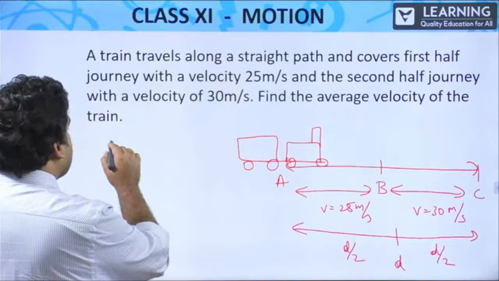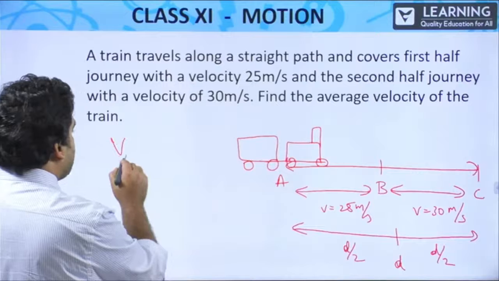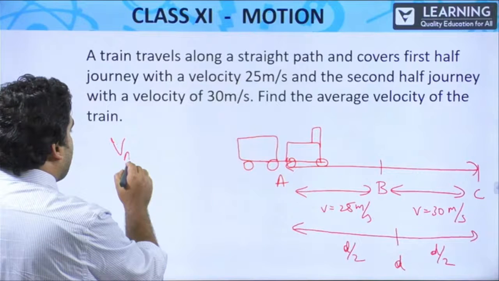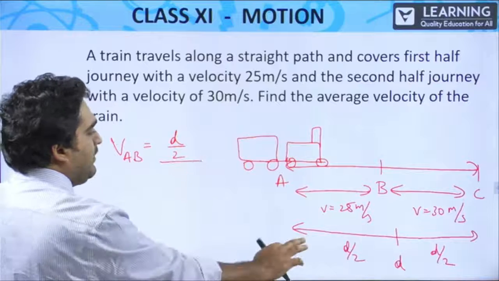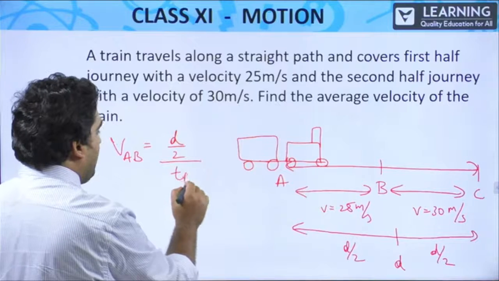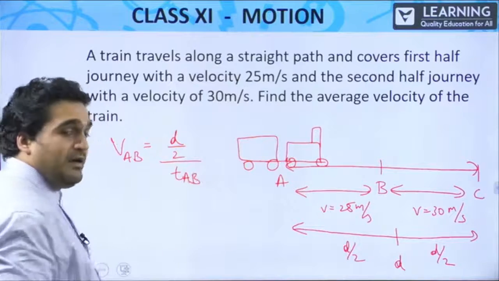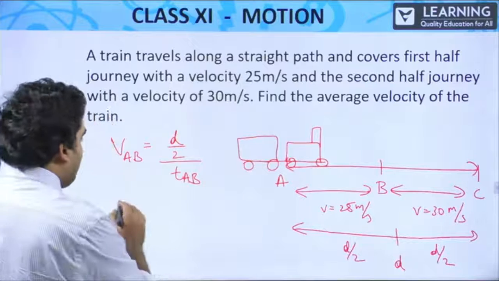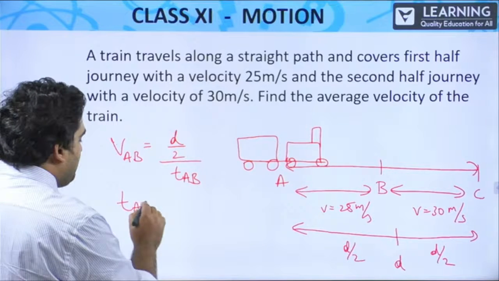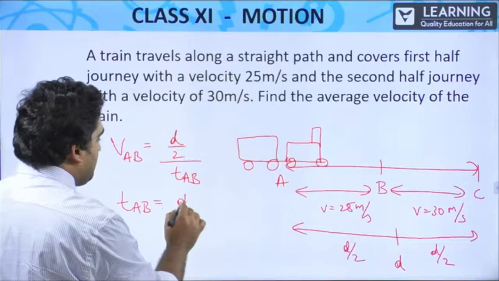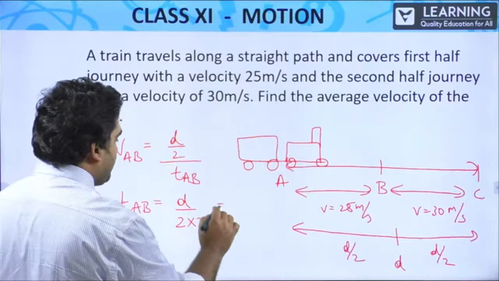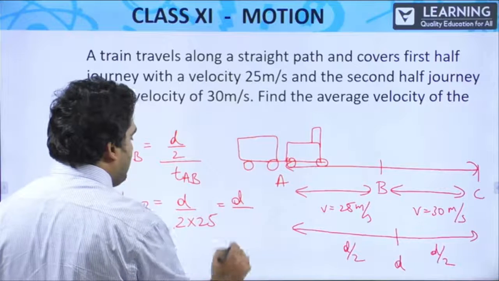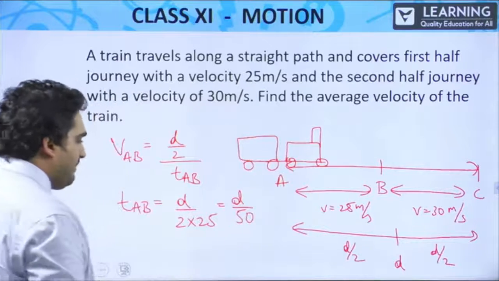So velocity from A to B equals D by 2 divided by time taken from A to B. I'm going to identify the time. Time taken from A to B is equal to D by 2 times 25, which is D by 50.